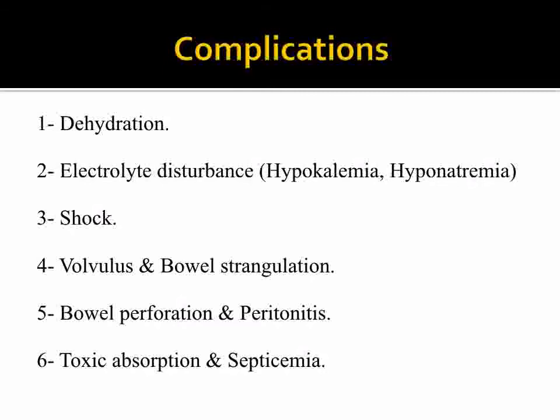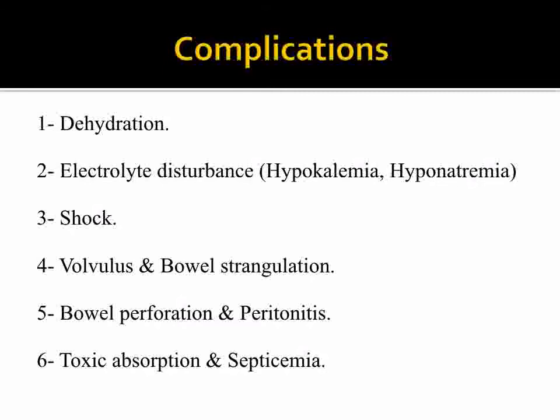This leads to a decrease in the intravascular volume and results in dehydration. The second is electrolyte disturbance. When the baby vomits, he vomits not only fluid but also the succus entericus, the intestinal secretion, and the gastric juice, both of which contain electrolytes like sodium, potassium and chloride. So vomiting will result in dehydration and also in electrolyte disturbances like hypokalemia and hyponatremia.